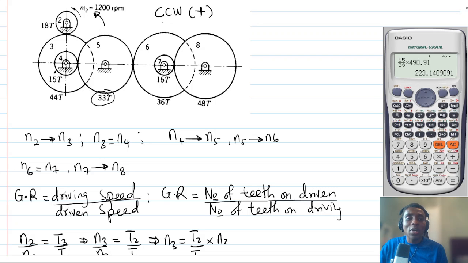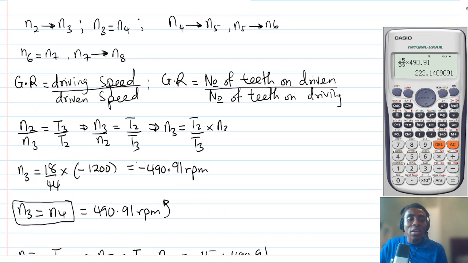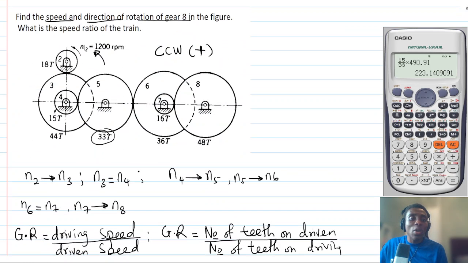Since this gear is going to change, that's why we have a negative here. The negative sign is just saying that we are assuming counterclockwise to be positive. However, this gear is going to end up clockwise.